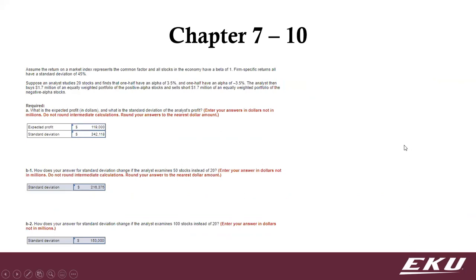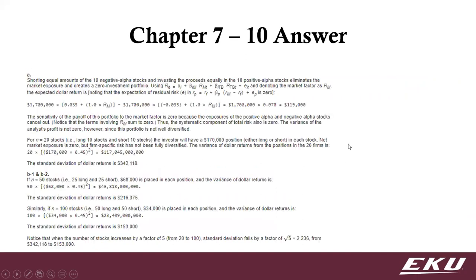Okay, so this one, this is the setup for it. So to calculate the expected profit and the standard deviation, here's how we set those up.